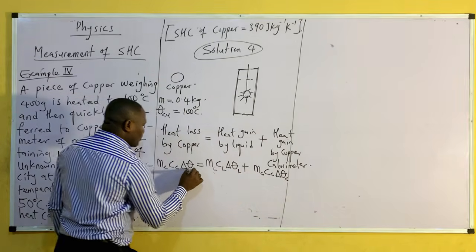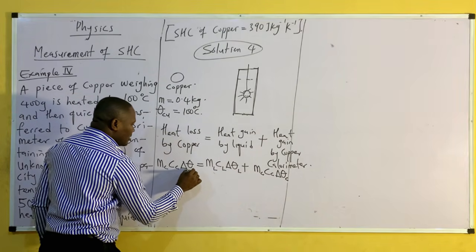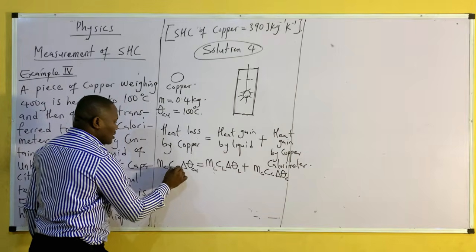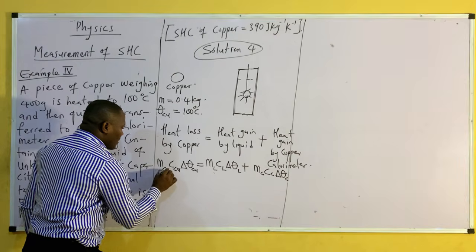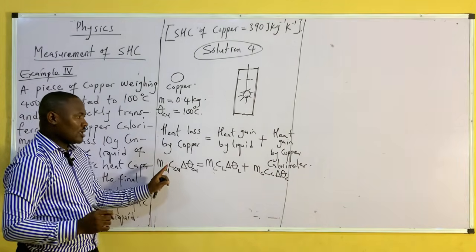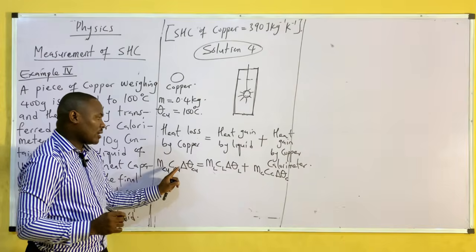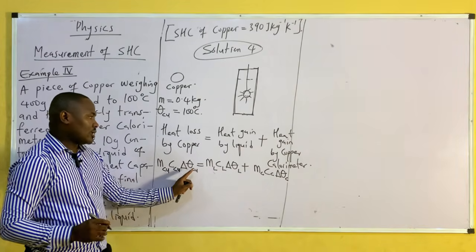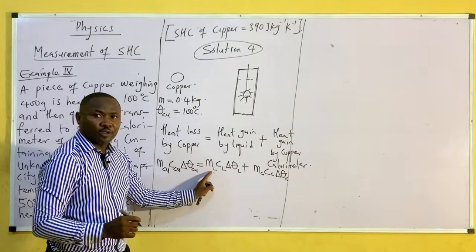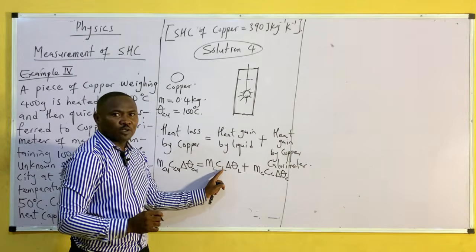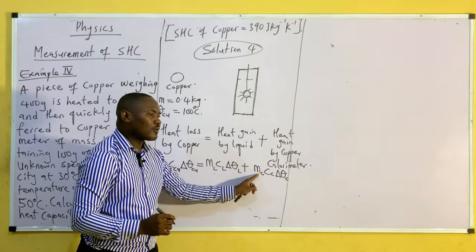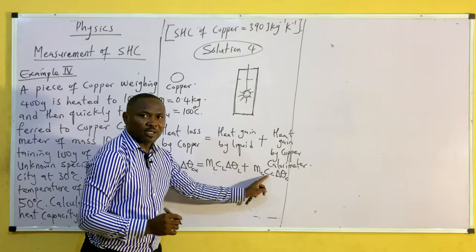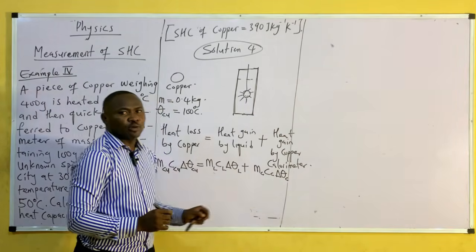So take note of this. This is very, very important. This is the mass of copper, specific heat capacity of copper, change in temperature of copper, equal to mass of liquid, specific heat capacity of liquid, change in temperature of the liquid, plus mass of calorimeter, specific heat capacity of calorimeter, and change in temperature of calorimeter.